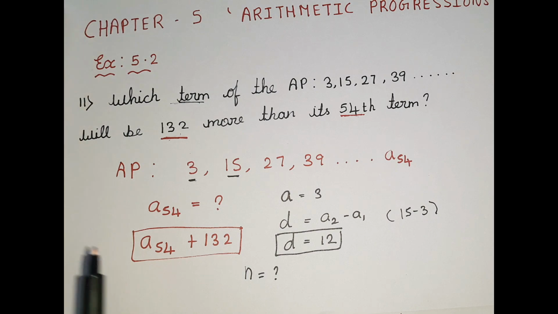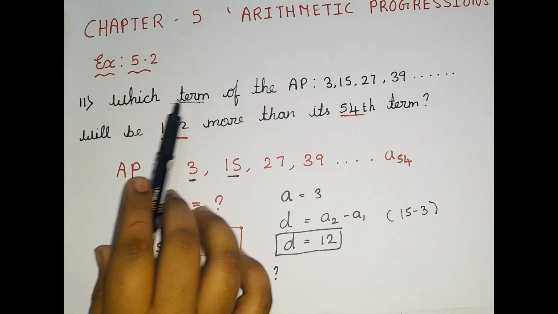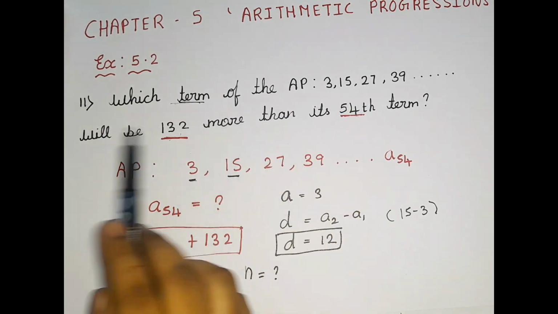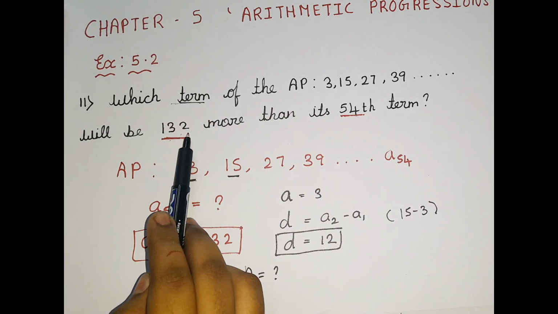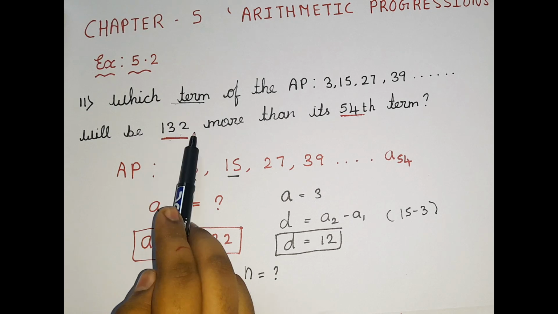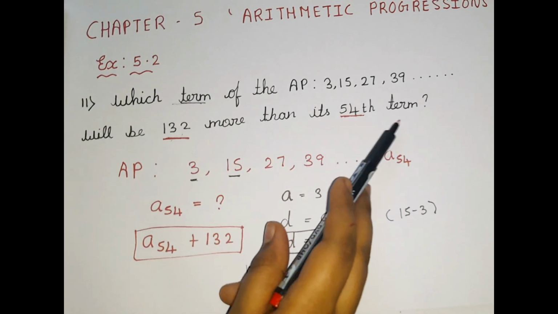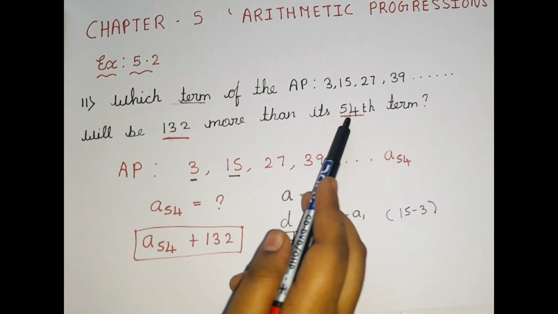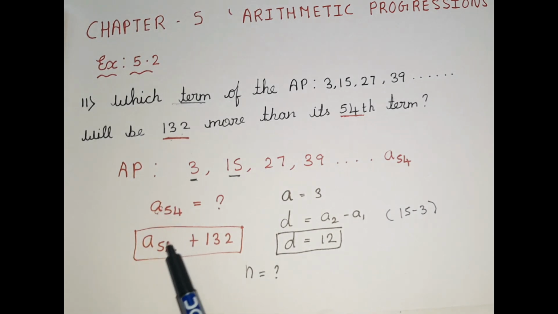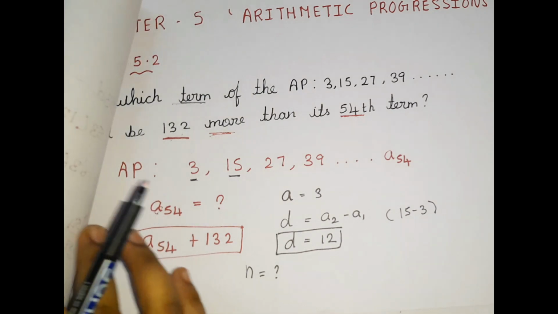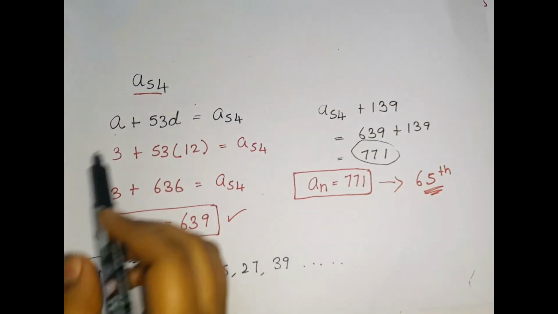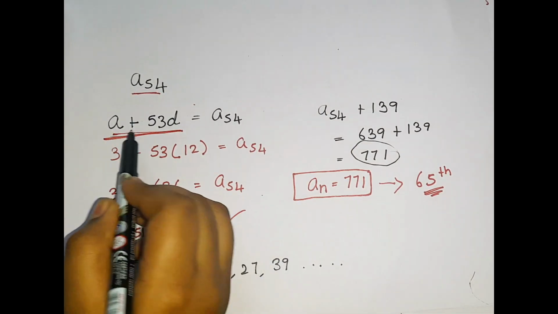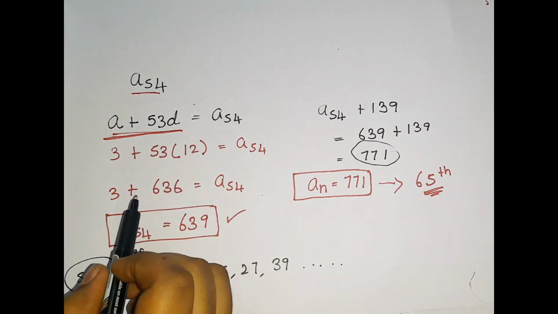If you have any doubt, I'll help you. Which term of the AP will be 132 more than its 54th term? The 54th term we can write as a54, and since they mentioned more, we just add them. I wrote that a54 in this form, that is a plus 53d, like a formula.